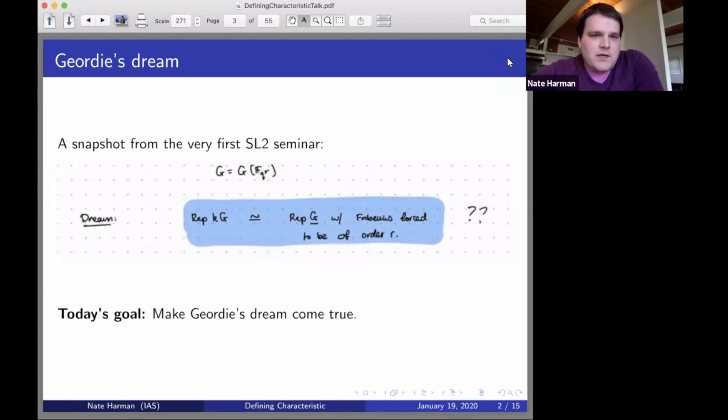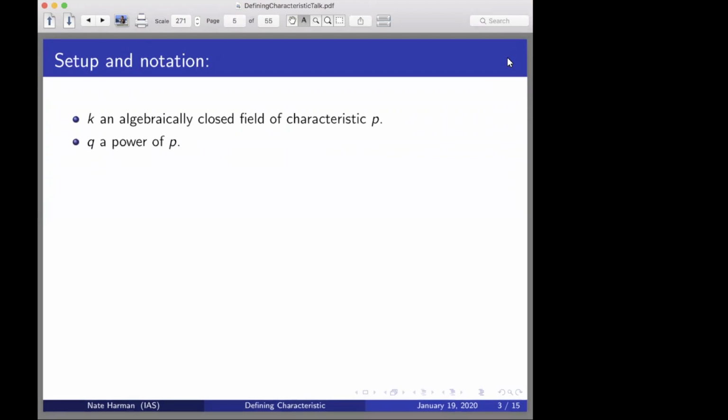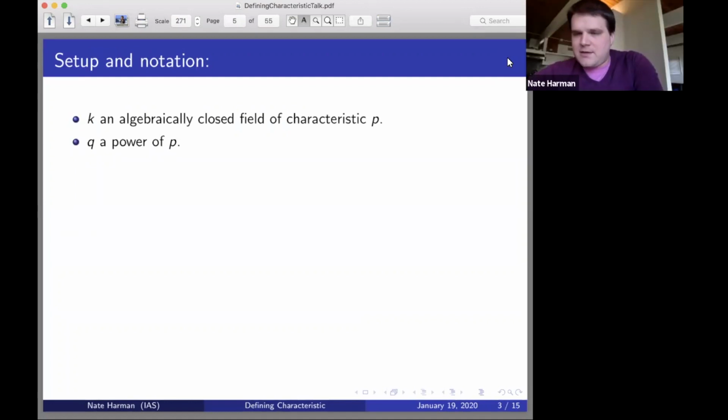I'm going to have my own setup, slightly different from Jordy's, but close. I have an algebraically closed field of characteristic P, and this will be the field of definition for all of my representations. Then I have Q, which is a power of P, and I'm not really going to care what that power is.